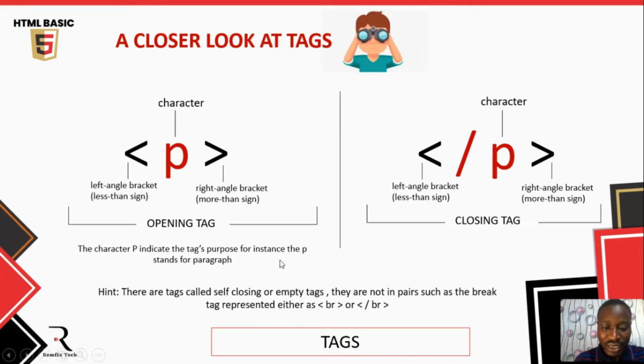For example, this character BR, which means a break, is represented in this format. So we're going to use this in subsequent videos. Also, I'll put a link down below for you to have a different understanding about different tags and how we can use them in HTML code.